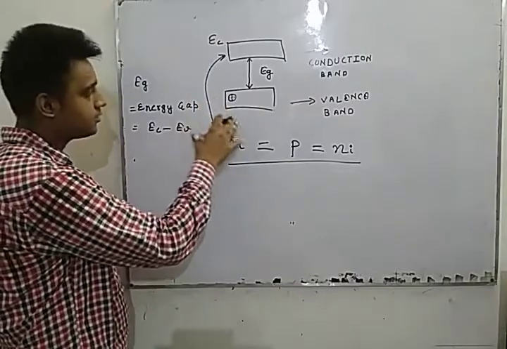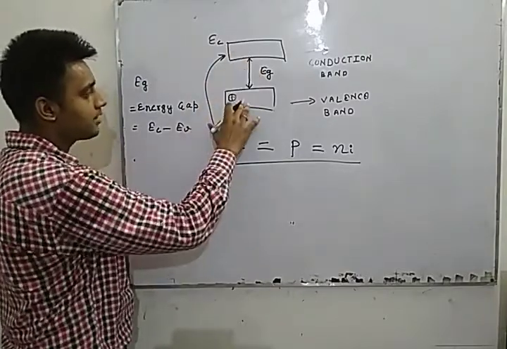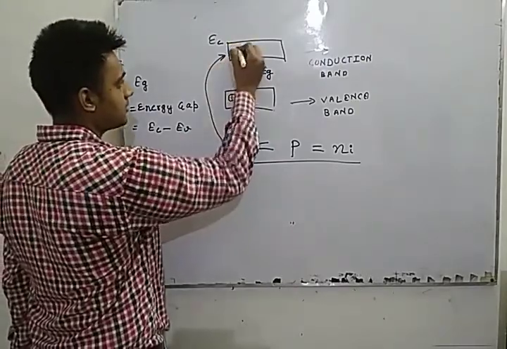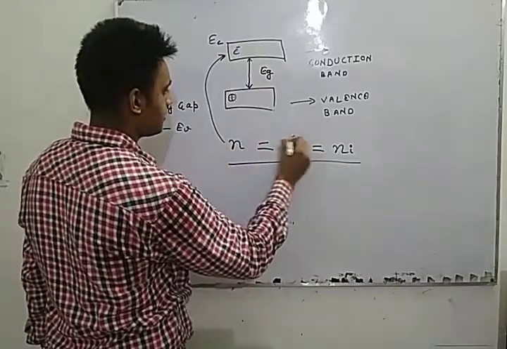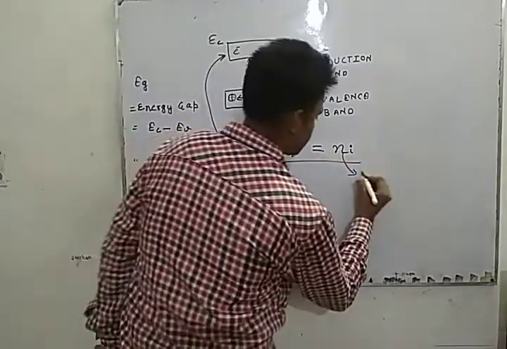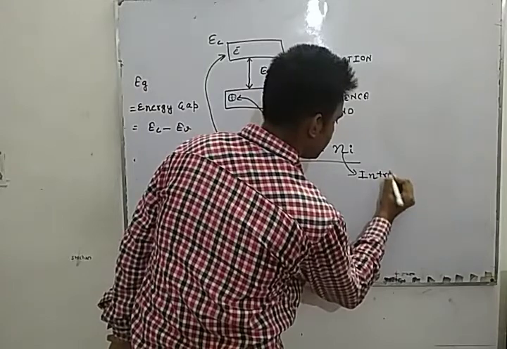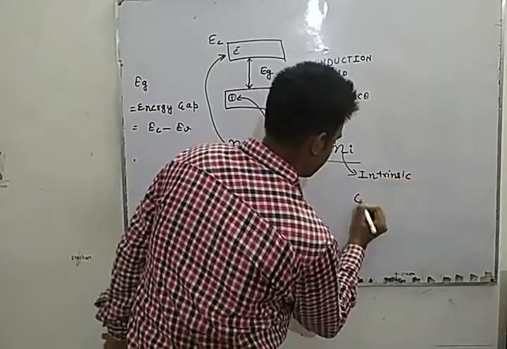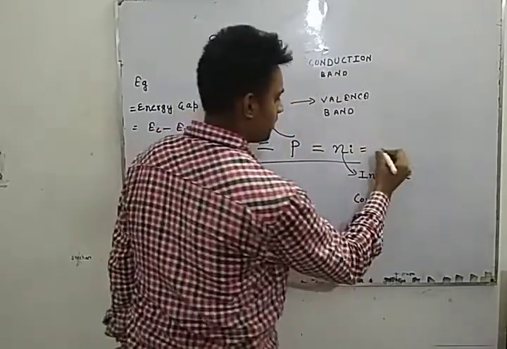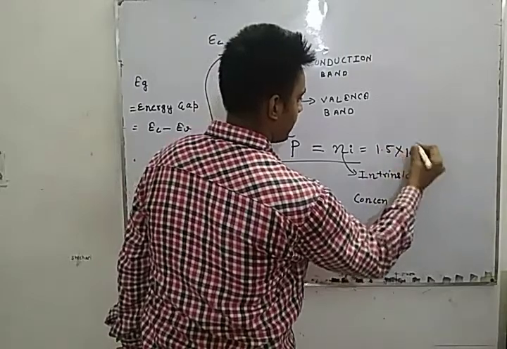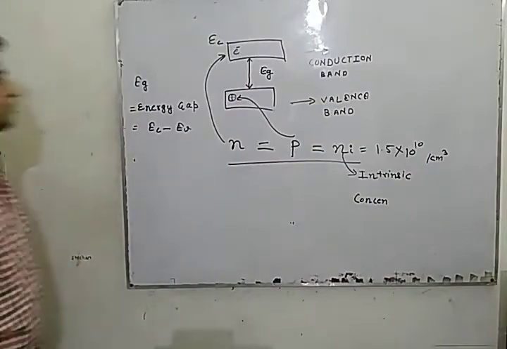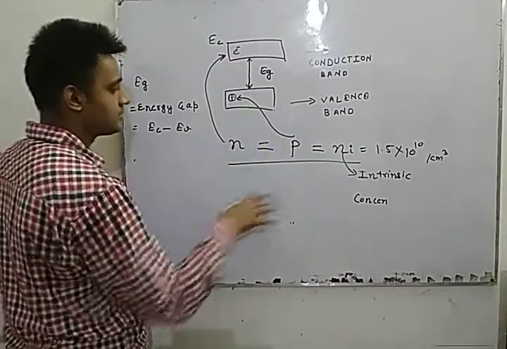I will teach you the concept behind hole generation and electron generation in the conduction band. Ni is called the intrinsic carrier concentration, whose value is a constant, approximately 1.5 times 10 to the power 10 per centimeter cube. That is the electrons, that is the holes, and that is the intrinsic.